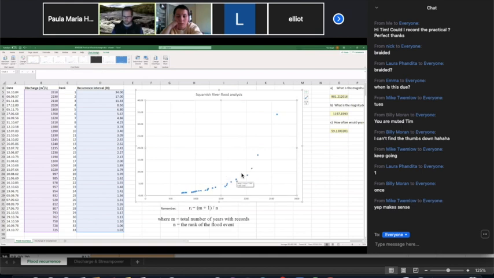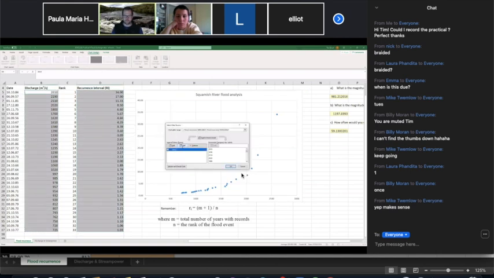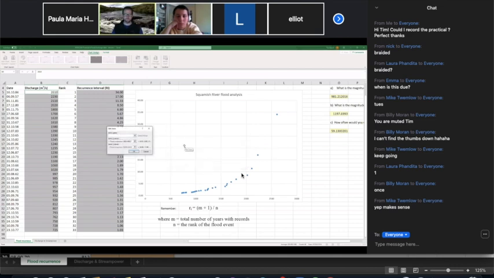So right click on the data set, select the data. You'll then get a box pop up. We want to edit this first series because that's the only series we've got on the graph. And what we want to do here is select the x values. We want them to be along the bottom. We want that to be the recurrence interval.